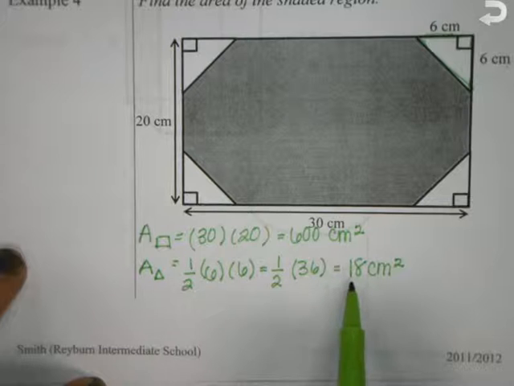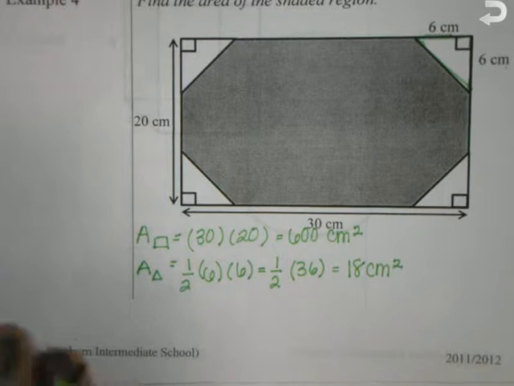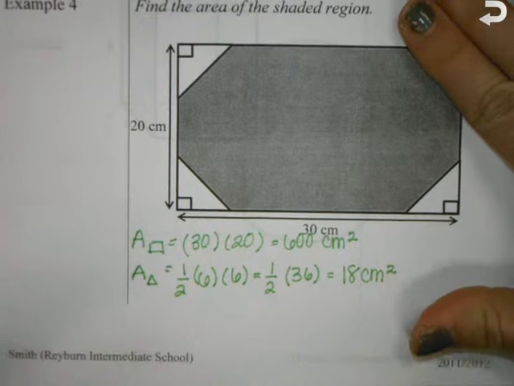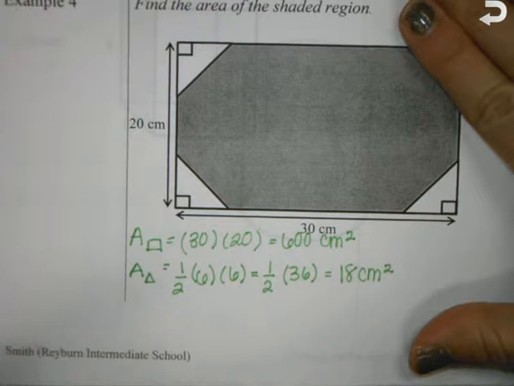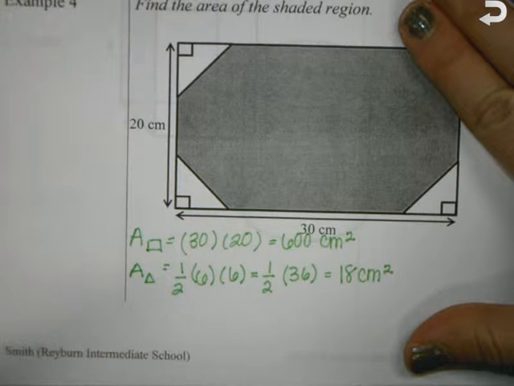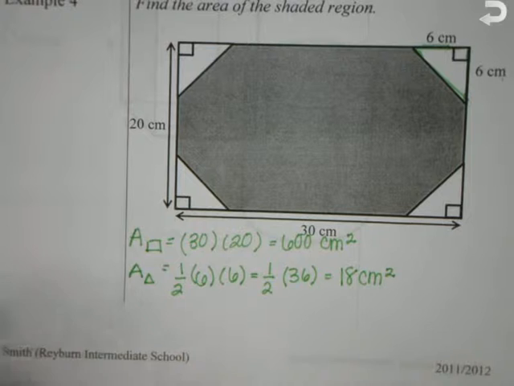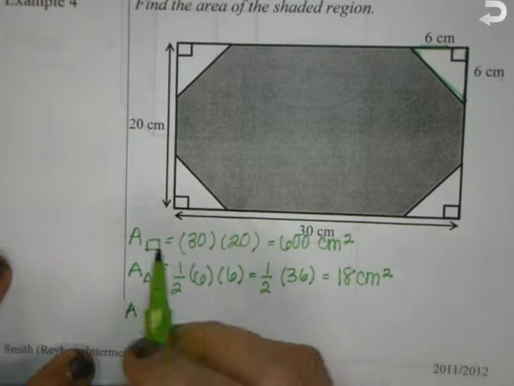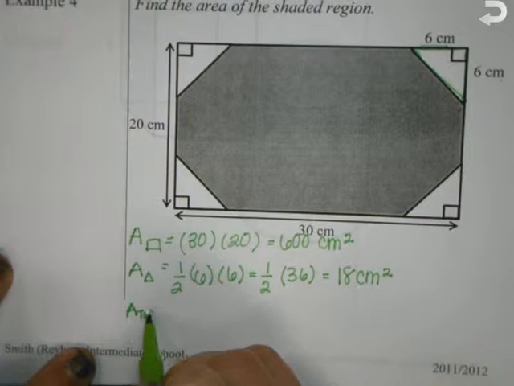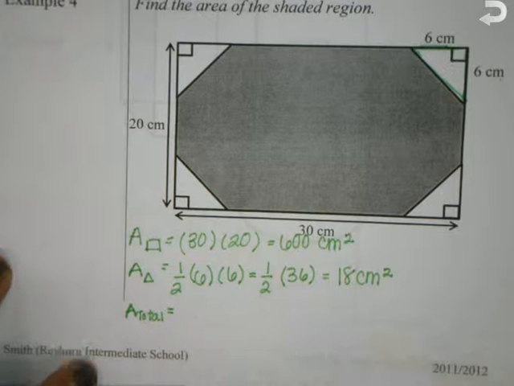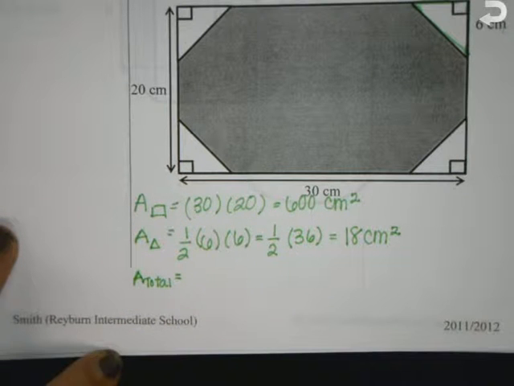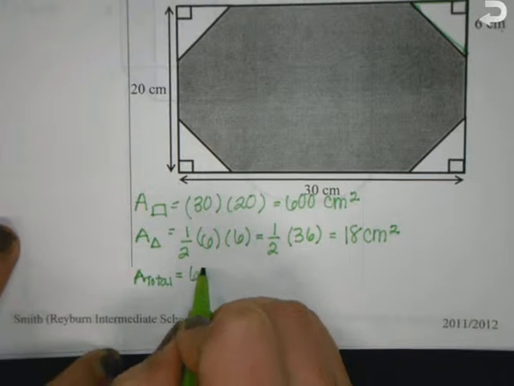Make sense? So how many corners do I want to take out? 4 of them. So area of the total shaded region. So area total is 600 minus 4 times 18. We're taking out 4 corners.